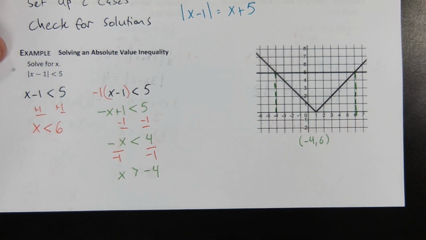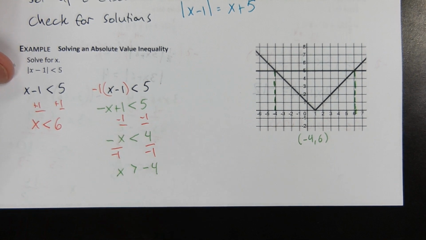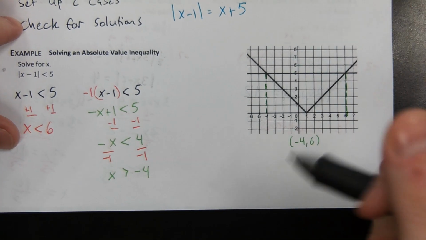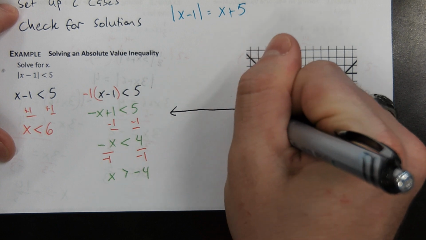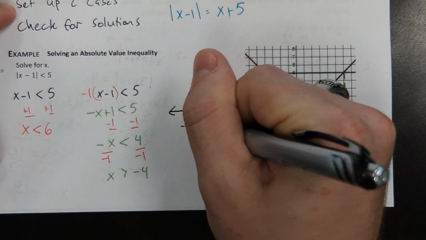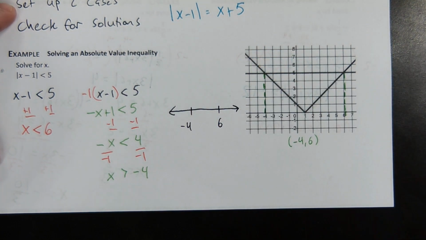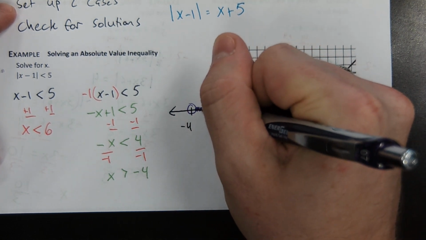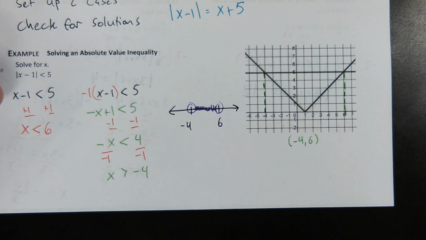Now, if I was going to graph this answer set, numbers that are less than 6, numbers that are greater than -4, here's the thing. There are numbers that satisfy both of those conditions on the number line. Whoops, just threw my pen. Because every number in between those two is greater than -4 and less than 6.